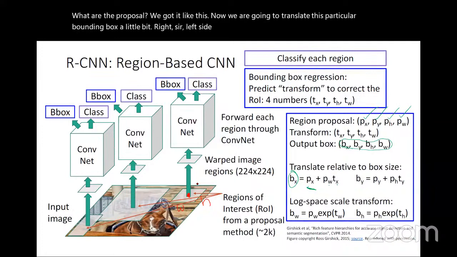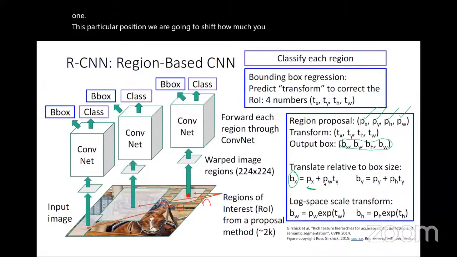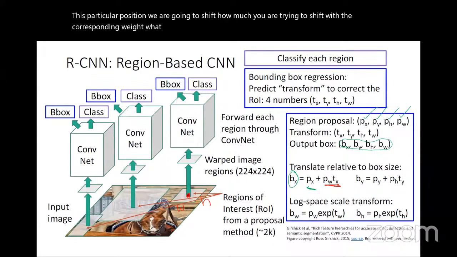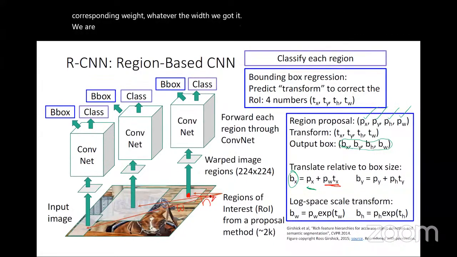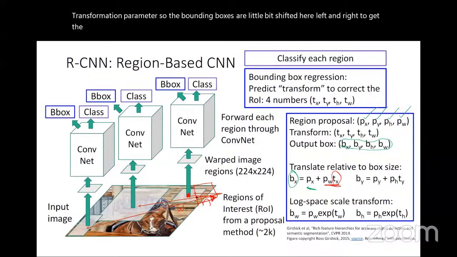The initial X is this one, and this position we are going to shift. How much? With the corresponding width. Whatever width we got, we shift this bounding box a little left or right with the help of a small transformation parameter, to get the proper detection.